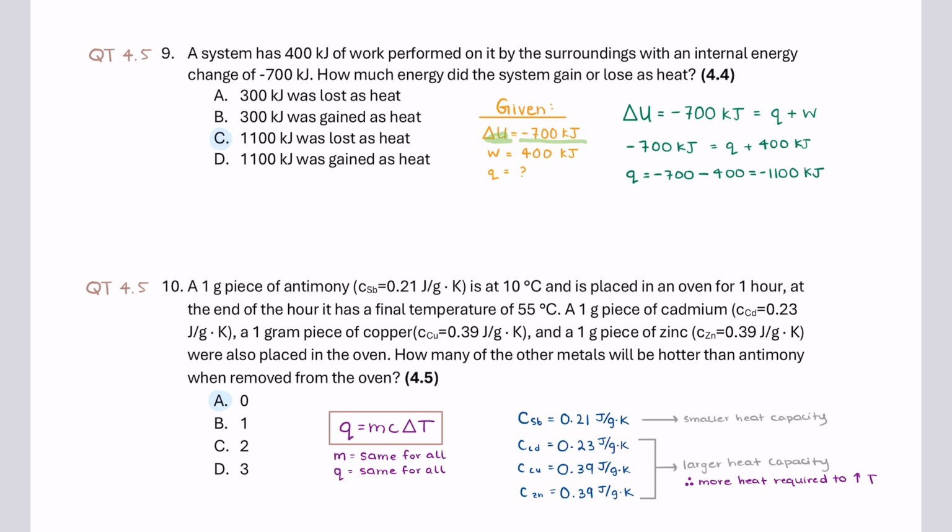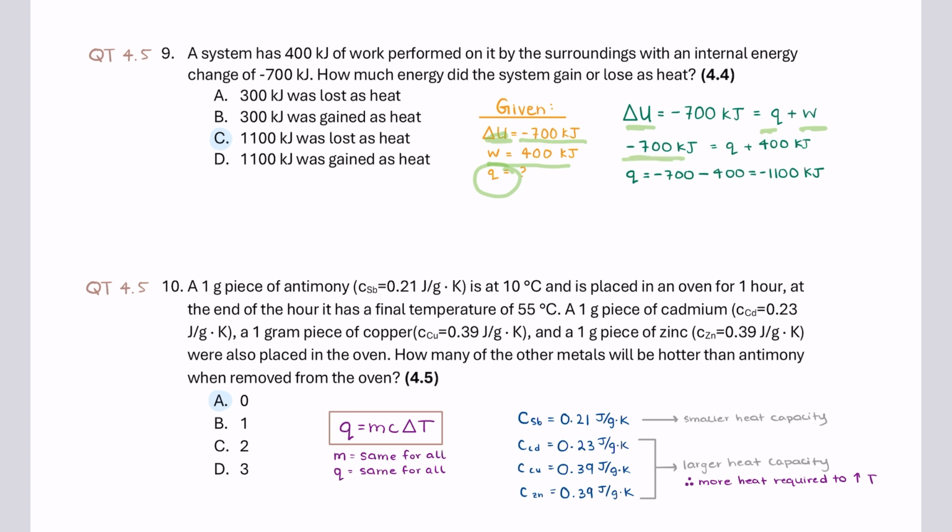Then we're told that the work done on the system is 400 kilojoules. Since the surroundings are doing work on the system, that's going to be positive work. So W is positive 400 kilojoules. Our goal is to find Q, the heat. We use the first law of thermodynamics, which says that delta U equals Q plus W. So we plug in our known values to begin.